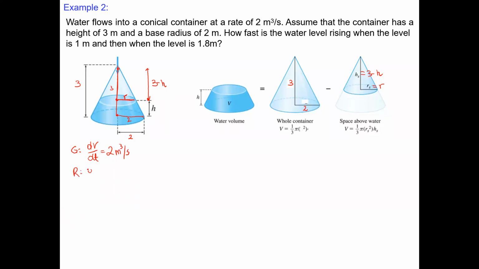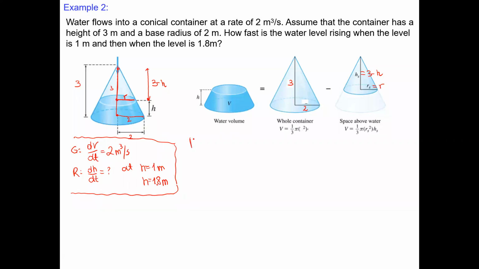The required information is the rate of change of the height of that water, h, and our graph represents that, at the moment when h is 1 meter, or when h is 1.8 meters. But nothing is 1, nothing is 1.8. Okay, this will be at the end.